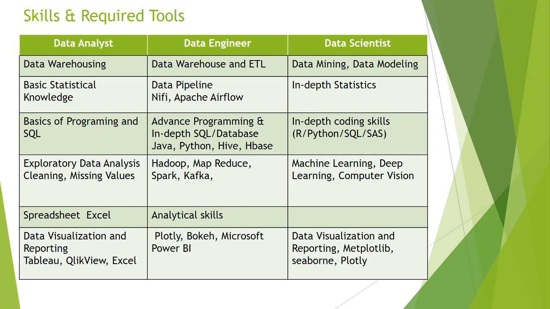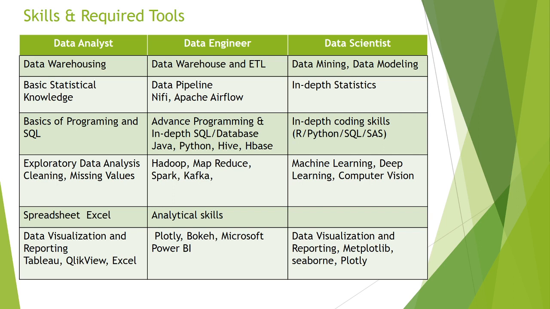To implement the algorithm, data scientists require in-depth knowledge of coding. That could be any programming language like R, Python, SAS, or SQL. To create a model, data scientists should know machine learning and deep learning algorithms and computer vision algorithms.